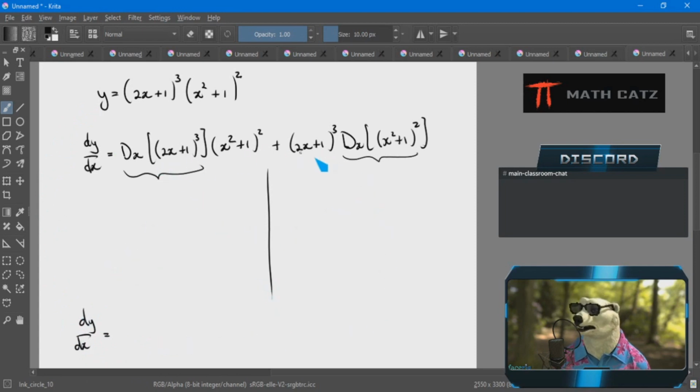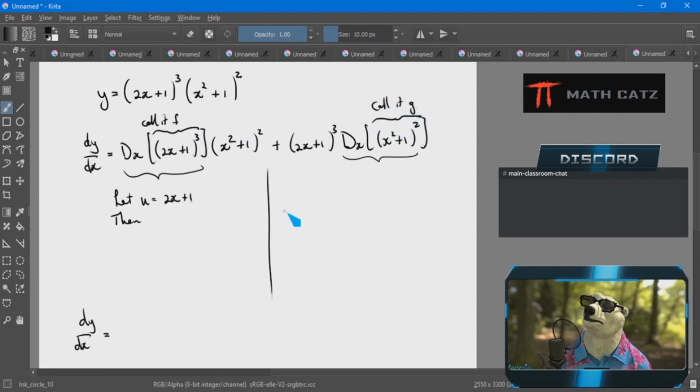So now I have two small chain rule questions. Now you might still need to define an inside function. Let's call it u, the obvious 2x plus 1. Then I'm just going to let's call it f. Oh, I said f, but I didn't write f. Let's call it f. And we'll call this one later g. I can't call them y.